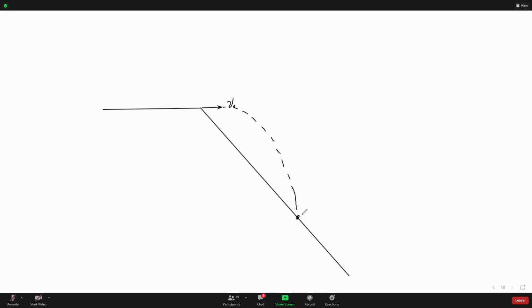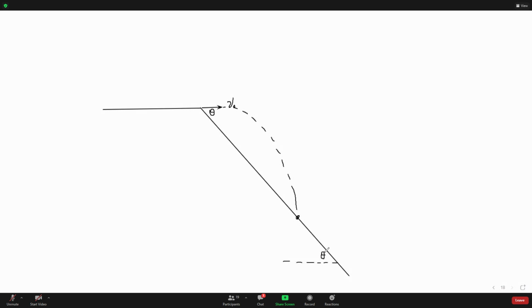And the question is, where on the cliff face will it hit? Given a speed V0, and I'm assuming it's horizontal here, and this cliff face is at an angle theta. That angle right there is theta, or if you prefer, this angle is theta, either way.